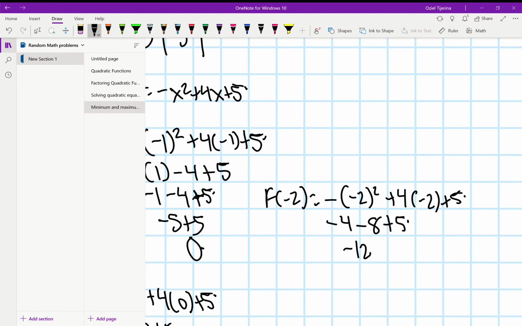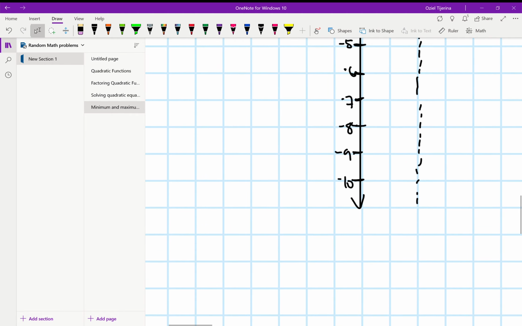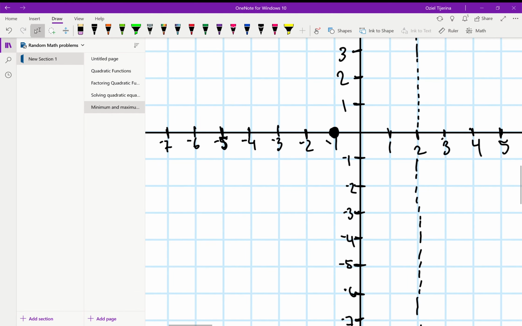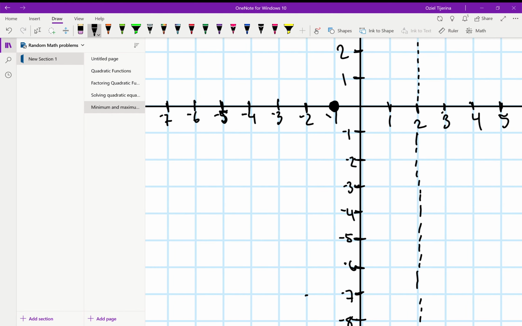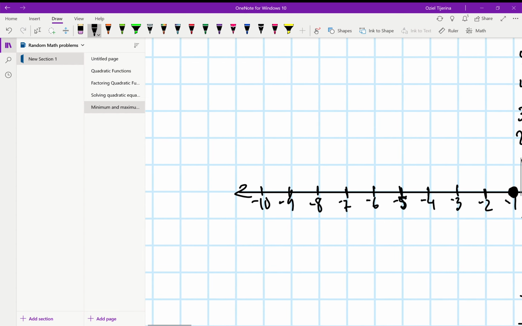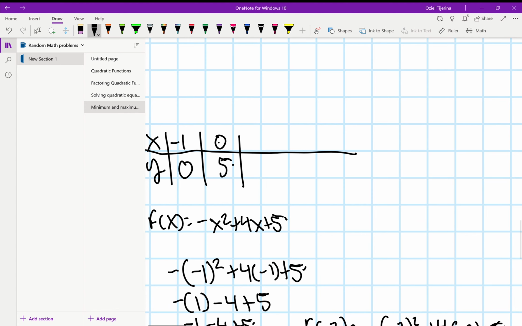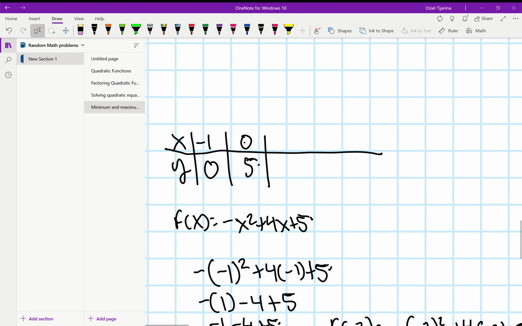It's going to be -12 plus 5. So it's going to be -7, okay? So for -2, it's going to be -7, which is right here, okay? And we would put it in the table of values. It would kind of be like -2, -7.